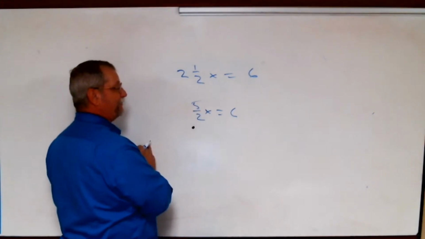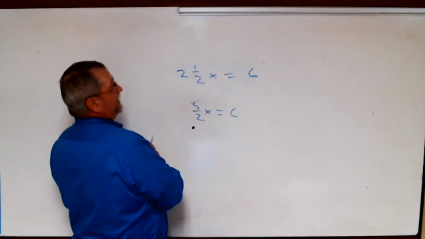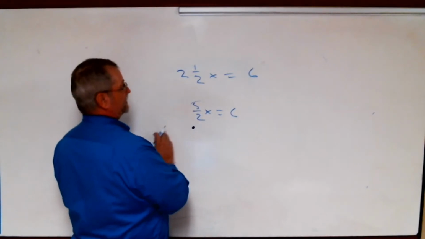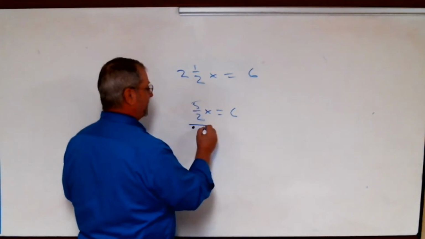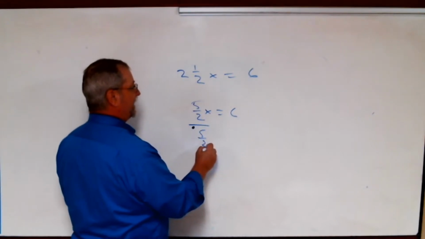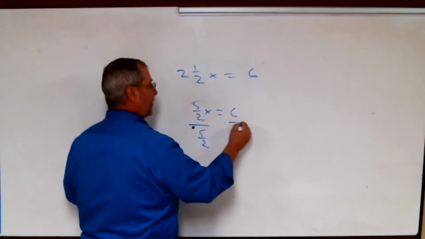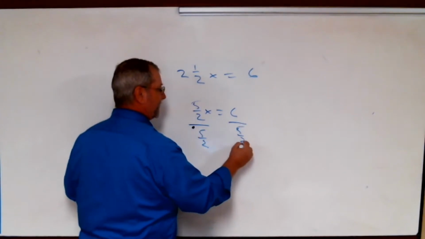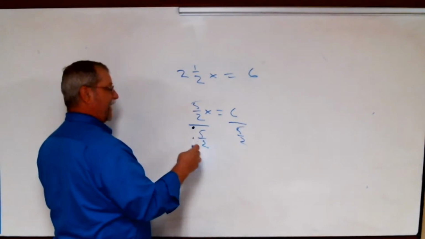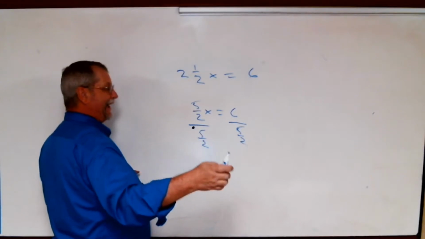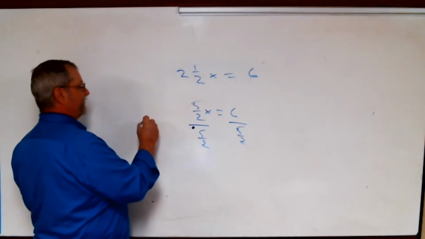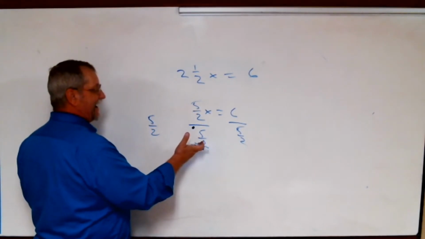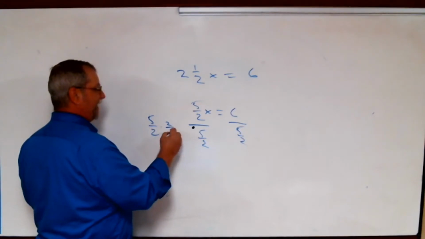These two are connected by multiplication. The opposite of multiplication is division. So to get rid of the 5/2, I want to divide by 5 over 2. If I divide by 5/2 over here, I want to divide by 5 over 2 on the other side too. When you divide by a fraction, you invert and multiply. So over here, you have 5 over 2 times 2 over 5.